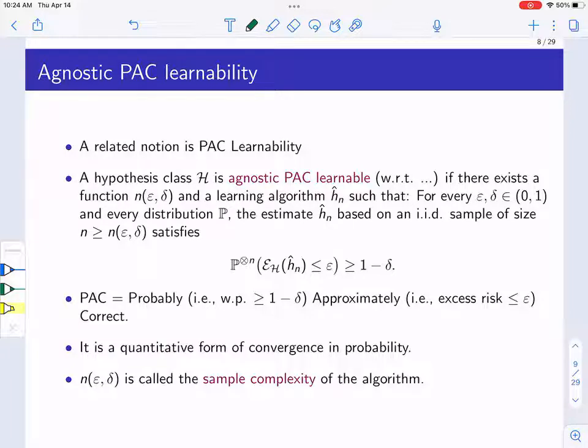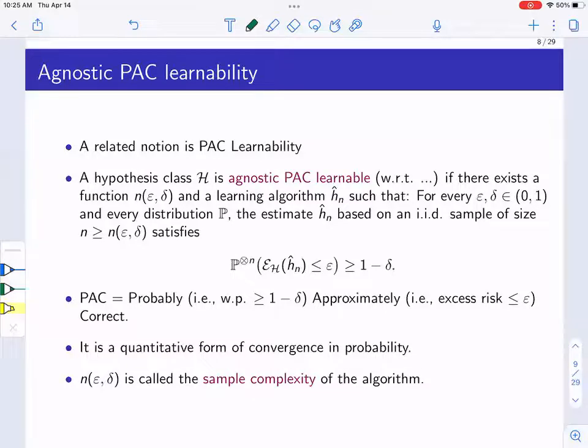So a hypothesis class H is called agnostic PAC learnable with respect to the loss function, the underlying spaces, things like this, if there exists a function, called the sample complexity, a function of epsilon and delta. This is an integer, let's say, a potential sample size.